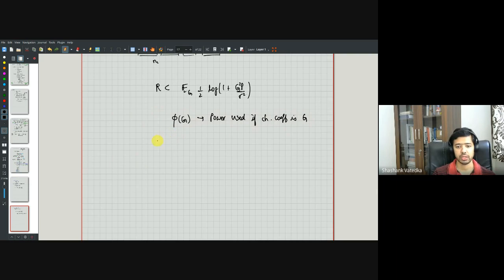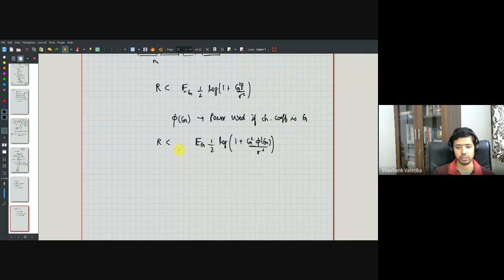All right. So now you know that as long as R is less than the expectation over g of half log 1 plus g square P of g over sigma square, you are going to be able to decode the true message reliably.